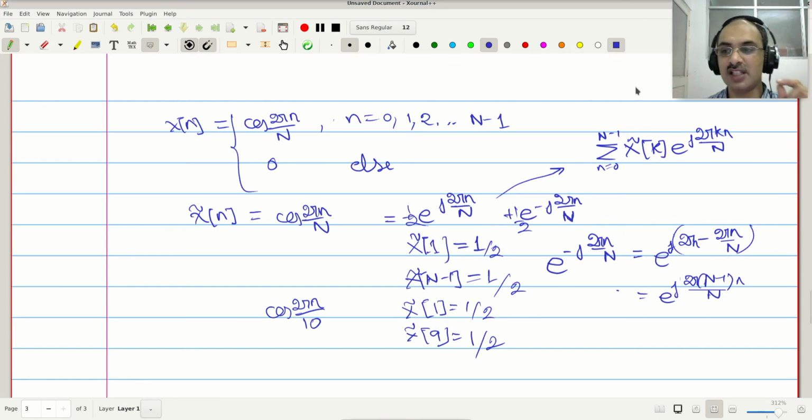It is always reversible and invertible. You can always just start from the sequence, go to its e power j 2 pi summation x tilde k rotation, and come back. You can always use a matrix, the discrete Fourier series matrix, that 1 1 1 1 matrix, which you can construct and use. This is about the discrete Fourier series.